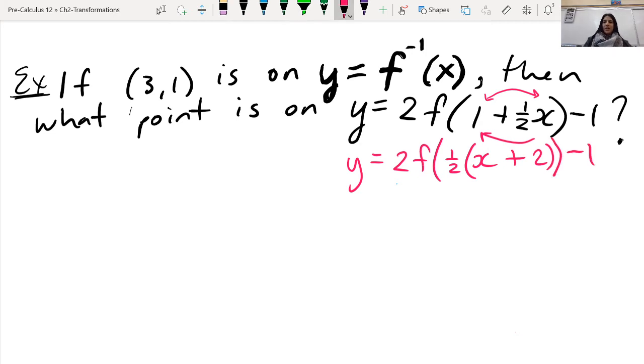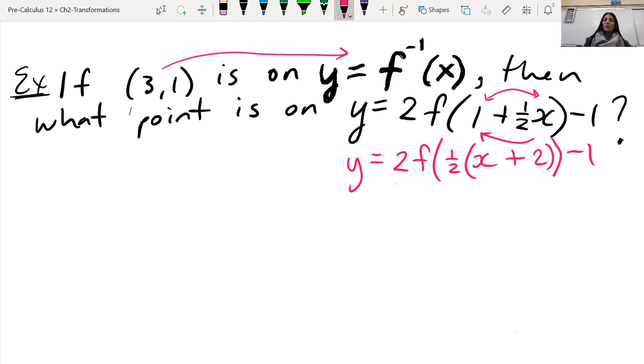So at least this makes it easier to work with, or a bit more clear in terms of what we have. So let's think our way through this. This is telling me that 3, 1 is on the inverse graph, or it's in the inverse equation.